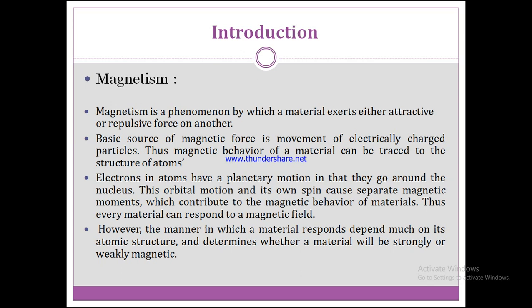Now we can start the definition of magnetic materials. The materials in which a state of magnetism can be induced are called magnetic materials. Magnetism is a phenomenon by which the material exerts two types of forces: either an attractive force or a repulsive force.